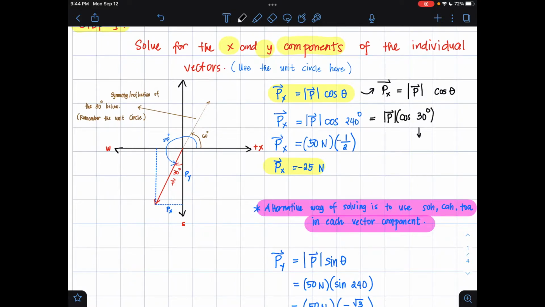Let's recall. That is the square root of 3 over 2. Do you remember, class? Cosine of 30 is square root of 3 over 2.